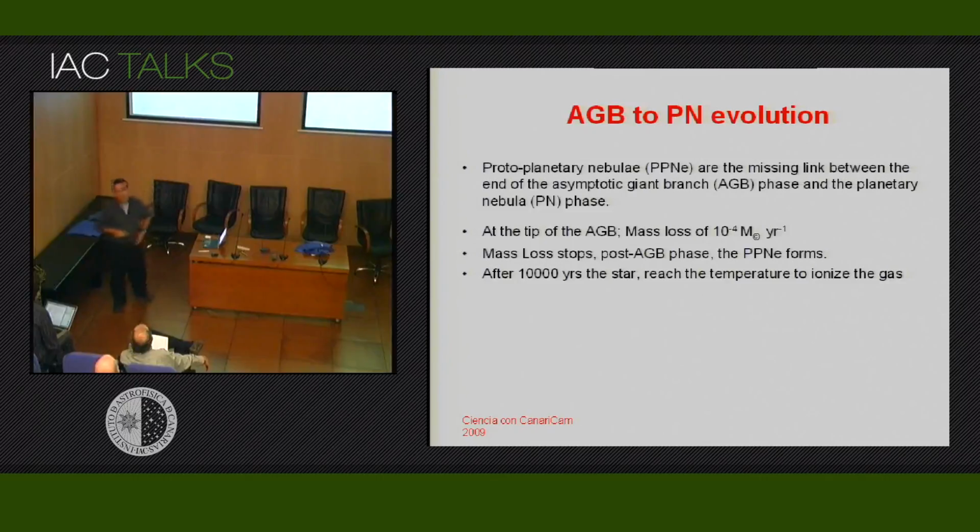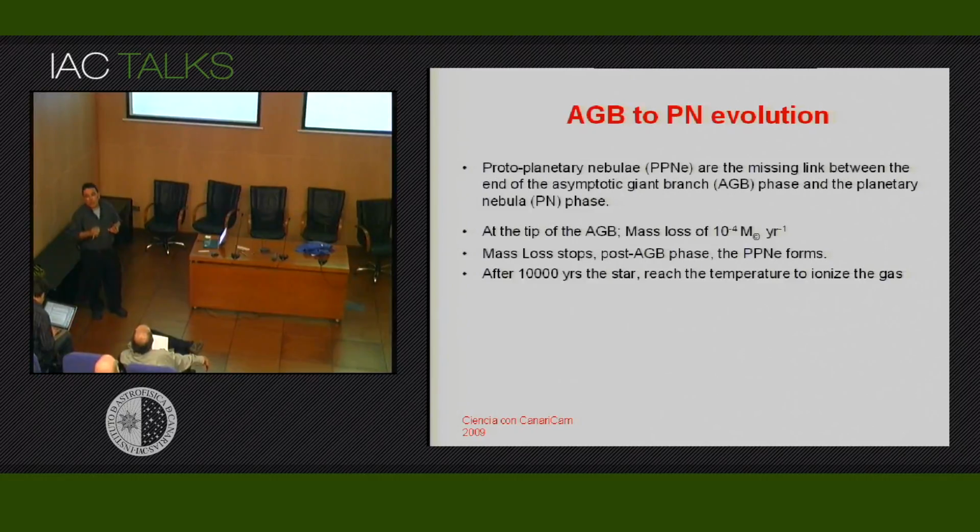And we know the expansion velocity from CO. The CO is associated with this torus. It was 16 kilometers per second. So a dynamical age of 190 years was derived, which is consistent with what you would expect from a protoplanetary nebula. That means the AGB phase stopped 190 years ago.